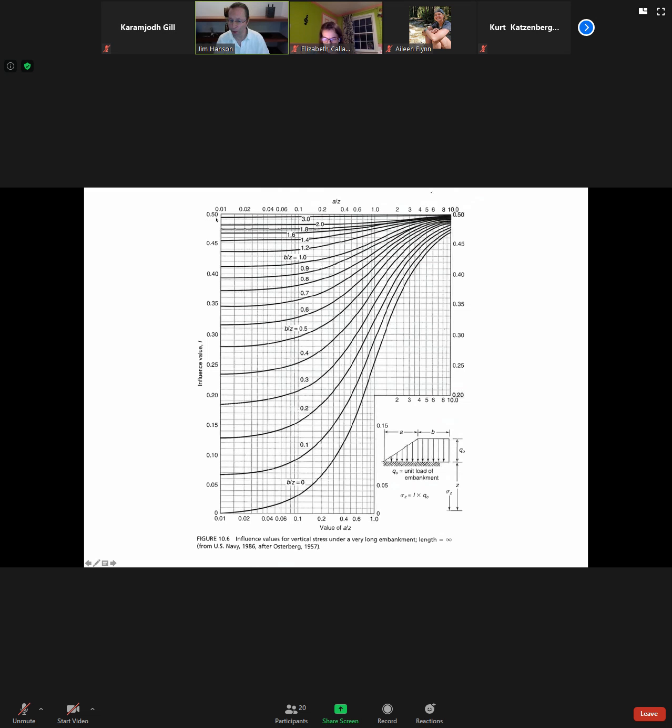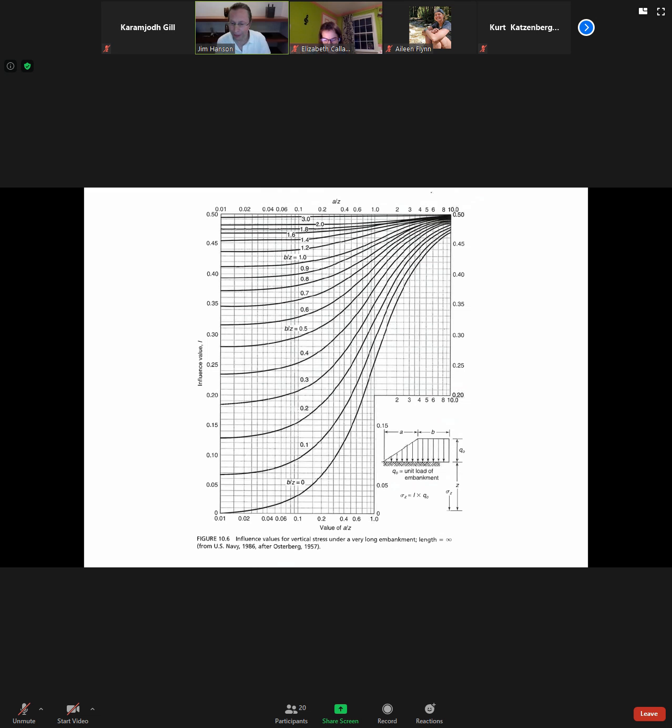So if you have a huge embankment and you're right below the middle of it here, you're considering the left half of the embankment, you would have a 0.5. And what you would have to do is multiply that by 2, because there's another half of an embankment that is present in real space that you'd be accounting for.